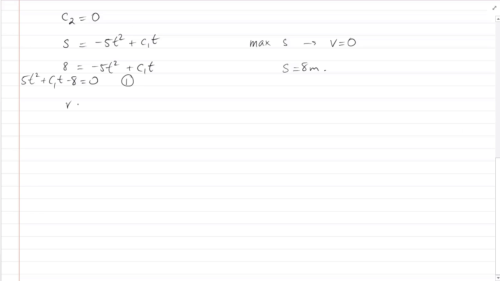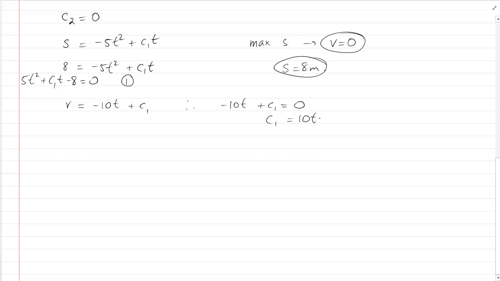We also know that velocity equals negative 10t plus c1. But we're working in a situation at the moment where velocity equals 0 because s equals 8, so it's at the maximum. So therefore, negative 10t plus c1 is equal to 0, and c1 is equal to 10t.